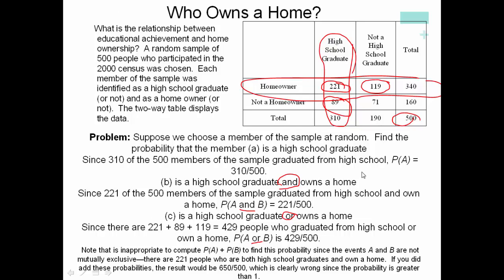Here's another example where I've circled the values that are needed in the problem. So this is a random sample of 500 people who participated in the 2000 census was chosen. Each member of the sample was identified as a high school graduate. The two-way table displays the data below.